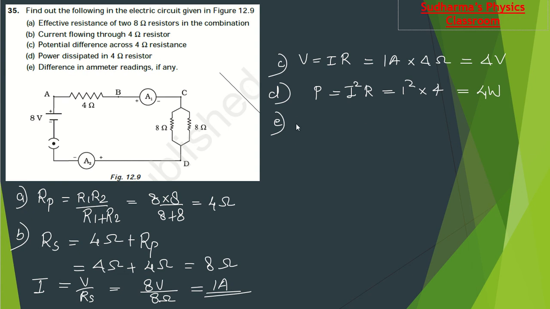So difference in ammeter readings, no difference in the 2 ammeters, because the same current will be flowing through each element in the series connection. See, if one of the ammeters is connected somewhere on this 8 ohm, then definitely the current will be different. But A1 and A2, they are connected in series. So it will be showing the total current in the circuit.